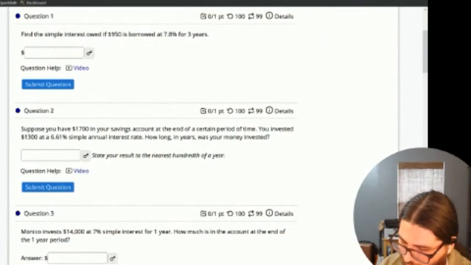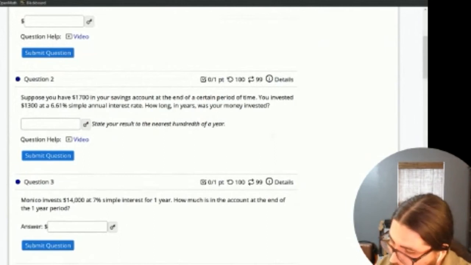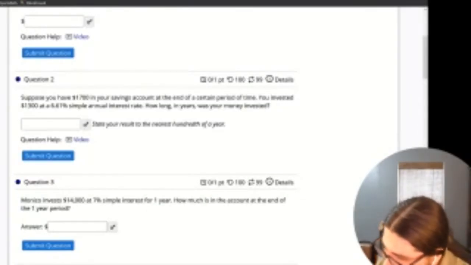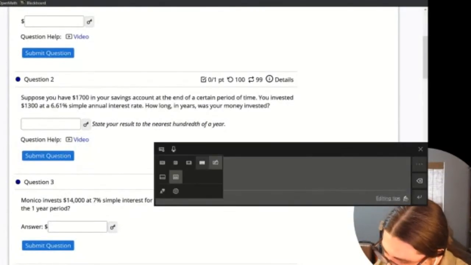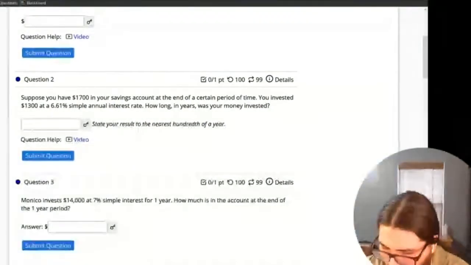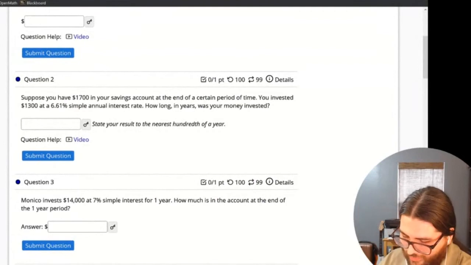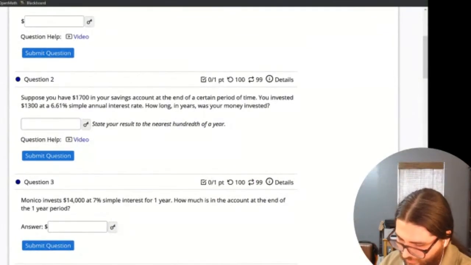Let me grab a problem from our homework. I'm going to do it on the keyboard, which is going to be a little weird looking because I didn't set up my pen correctly. You know what? Let me just fold it out. I usually set up my pen to grab a screenshot whenever I click the button on the top, but I just remembered that I got a new pen and it's not set up the same way.